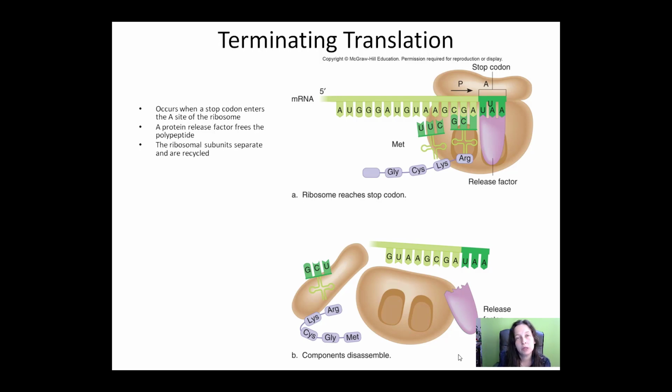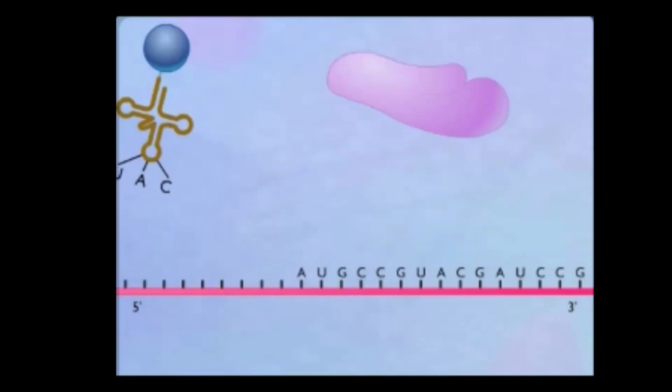So it's a polymer made of amino acids joined by peptide bonds. That's what a polypeptide is. The ribosomal subunits then separate and are recycled, and the new polypeptide is released.